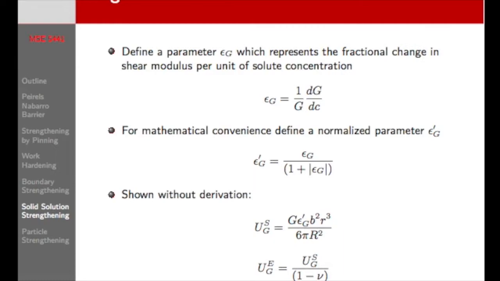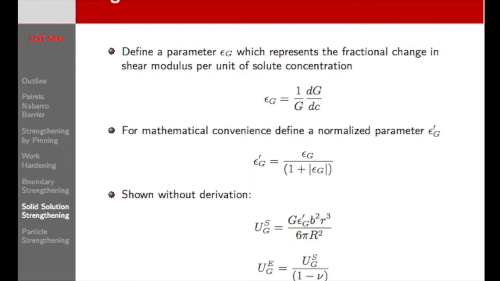They all have this dimensionless strain-like parameter that quantifies a distortion-like term, the distance squared, the radius of the atom cubed, Burgers vector. The only difference between screw and edge is that, remember, the stress field of an edge dislocation has this Poisson's ratio term in there, the 1 minus Poisson's ratio.